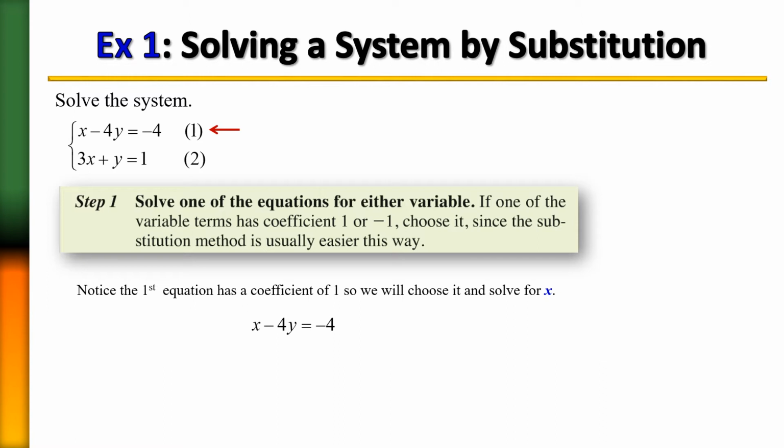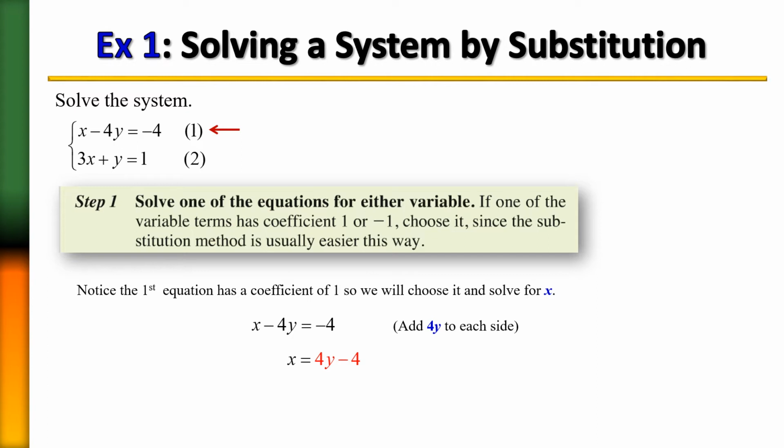So what would be my first step to getting x by itself? If you said to add 4y to each side, then that is correct. And now we have solved for x. X equals 4y minus 4.